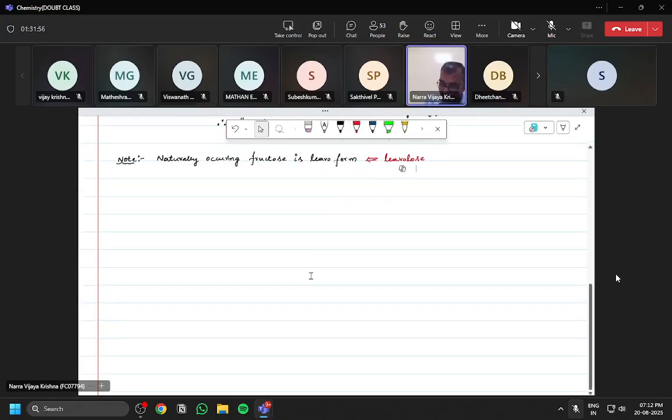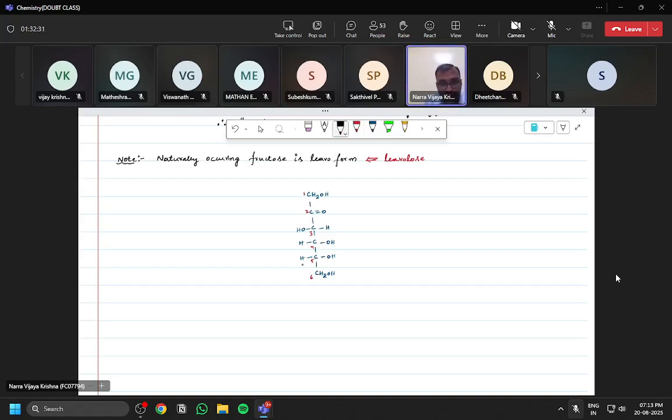Here also, for example, if you take the chain form, I'm drawing the chain form: CH2OH, C double bond O, carbons 1, 2, 3, 4, 5, 6. The configurations at third carbon, fourth carbon, fifth carbon remain the same for glucose and fructose.